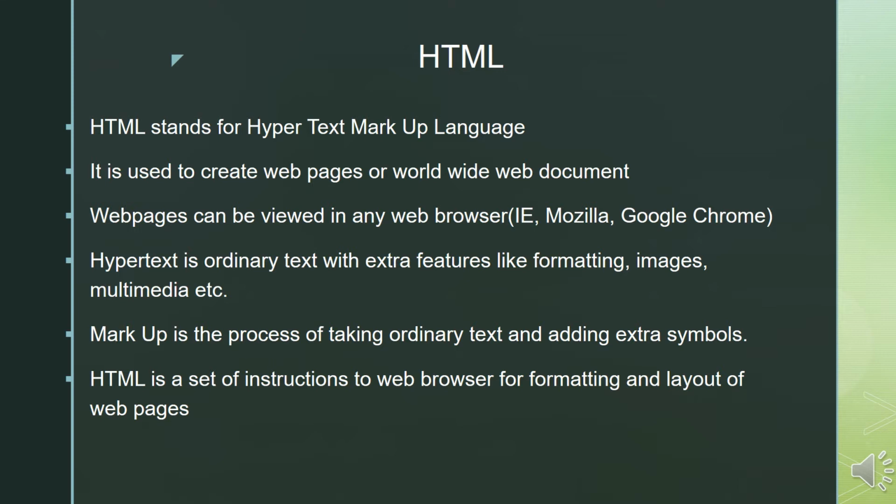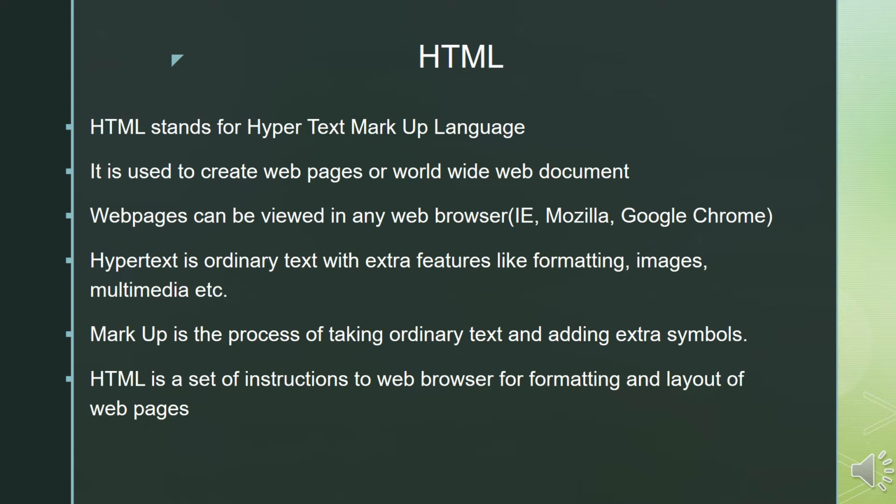HTML stands for Hypertext Markup Language, which is the most widely used language on the web to develop web pages. HTML was created by Berners-Lee in late 1991, but HTML 2.0 was the first standard HTML specification published in the year 1995.